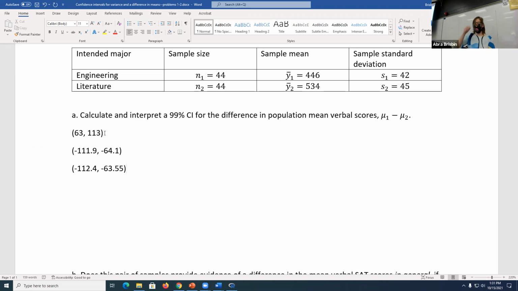All right, so it looks like we have at least two differences going on here. So Kyle, it looks like you did literature minus engineering, so your confidence interval ended up being positive. And Sam and Isaac, it looks like you did engineering minus literature, so yours ended up being negative.